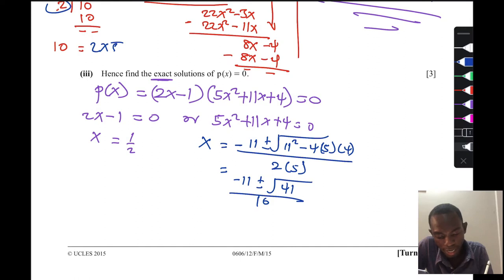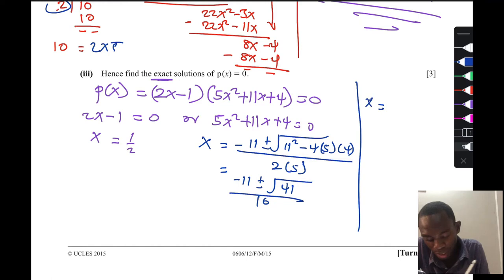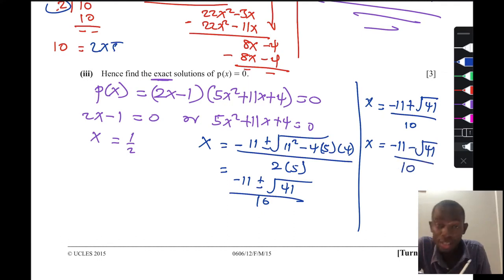You are not looking for decimals, since they said they wanted an exact value. So the first x value is negative 11 plus root 41 all over 10. And the second x value is negative 11 minus root 41 all over 10. All right, and then you are good to go for the 3 marks.